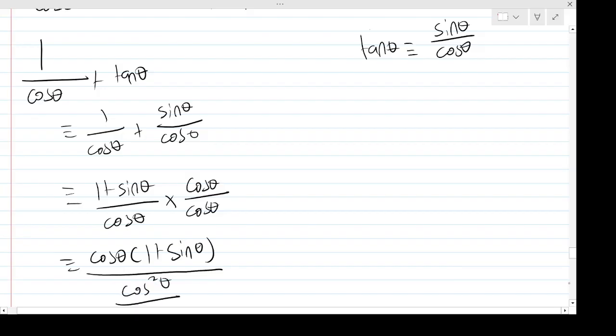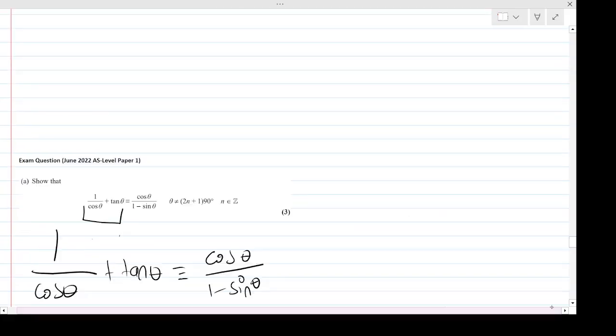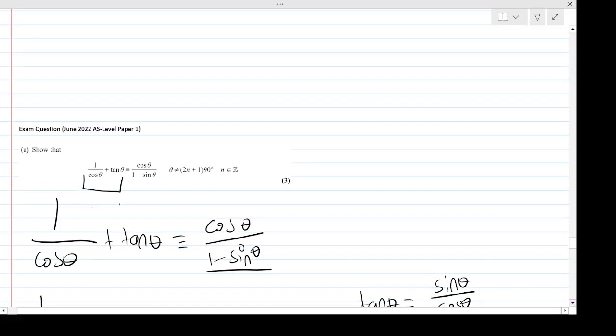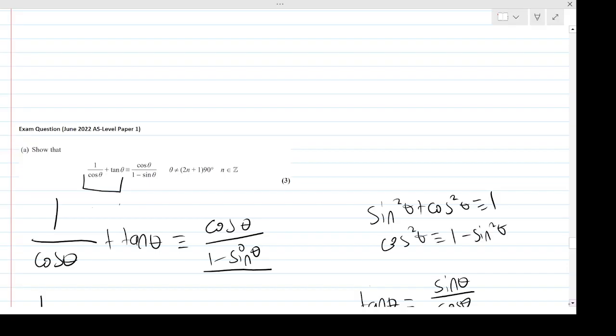Well, actually, this is kind of good now because of cos squared in our denominator. If we had sine squared theta plus cos squared theta is 1, I can rearrange to get cos squared theta is 1 minus sine squared theta. Doesn't that look vaguely similar? Obviously, it's just sine theta, not sine squared. But I can convert the cos squared theta as just 1 minus sine squared, right?